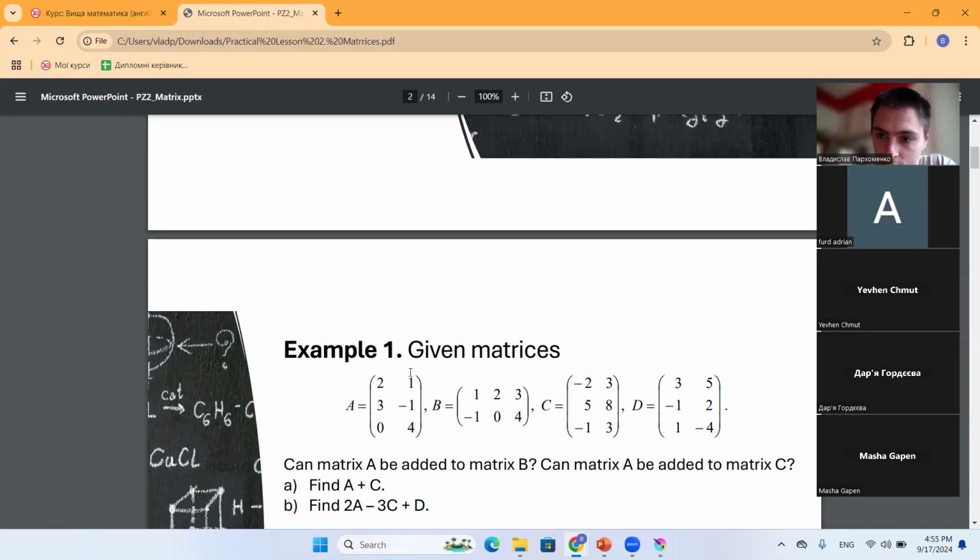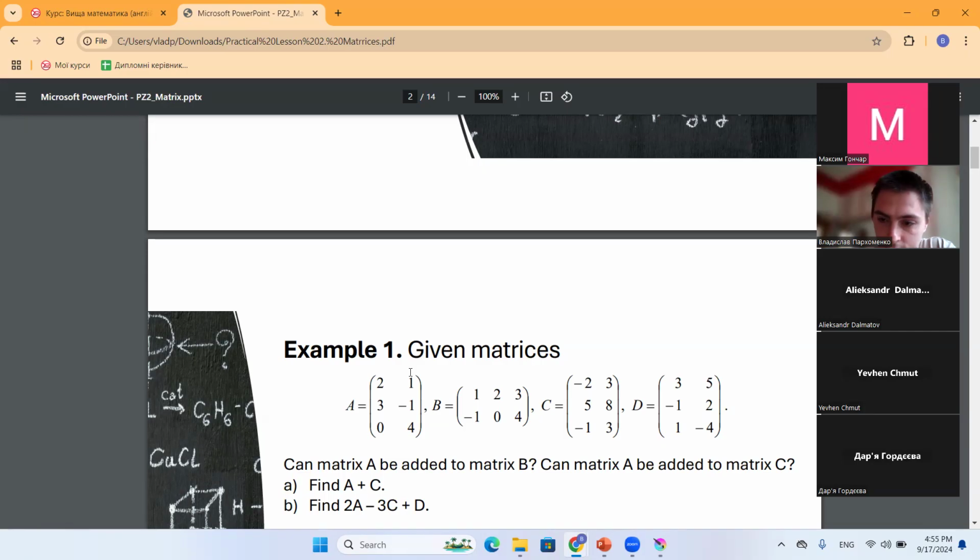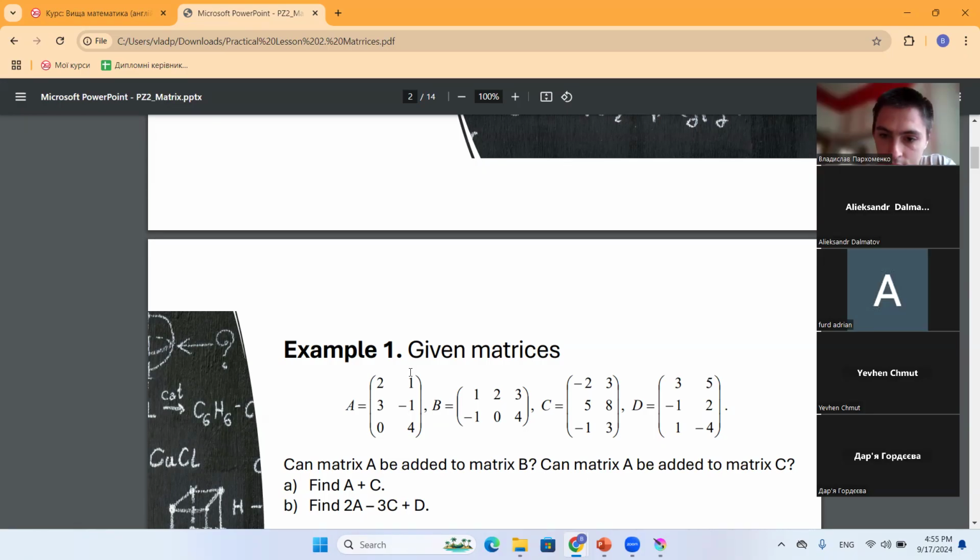You can add A to C, and you can add A to D. The same for C and D, but you can't add it to B. Yeah, so definitely B is like an odd matrix here.